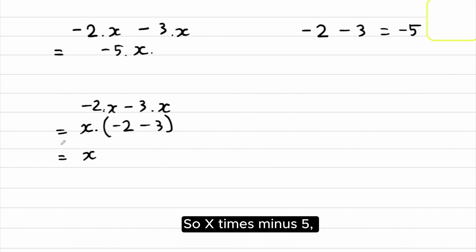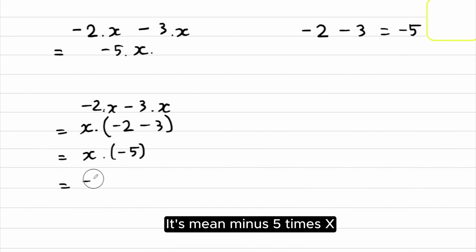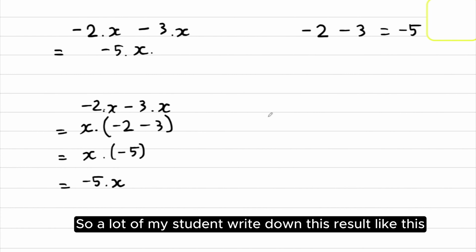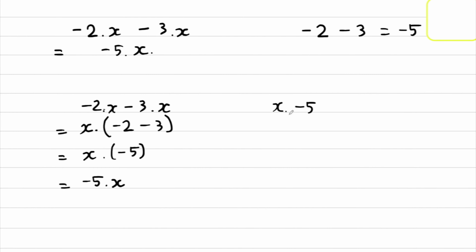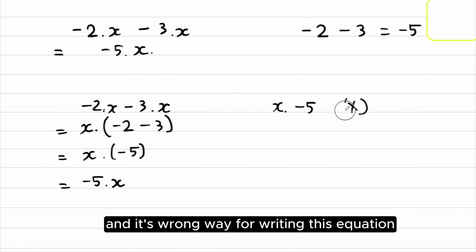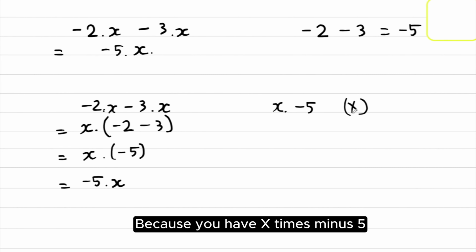So h times minus 5 means minus 5 times h, like this. Okay, here is a problem. A lot of my students write down this result like this, and this is the wrong way of writing this expression, because you have x times minus 5.